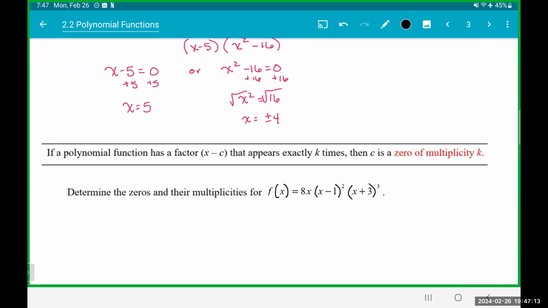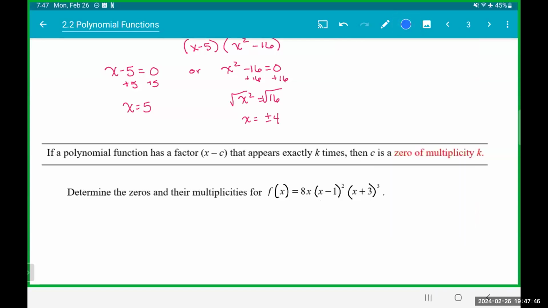Now if we want to determine the zeros and their multiplicity: if a polynomial function has a factor of x minus c that appears exactly k times, then c is a zero with multiplicity of k. What does that mean? This here is x minus c, where c equals 1.